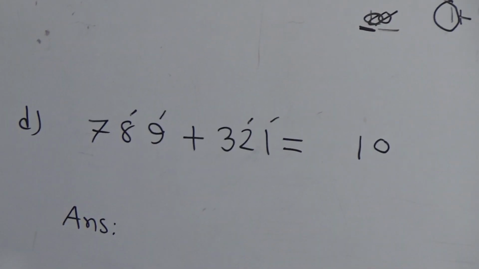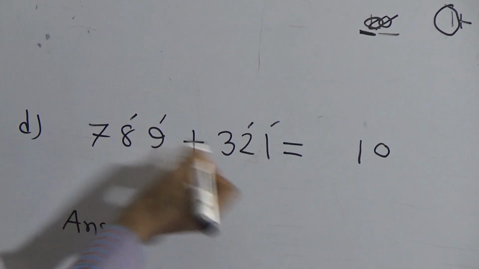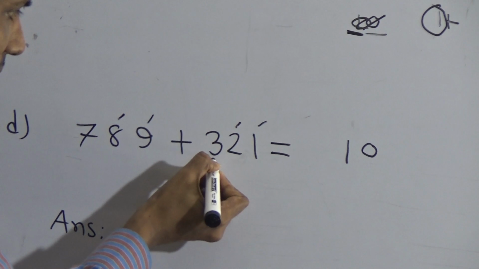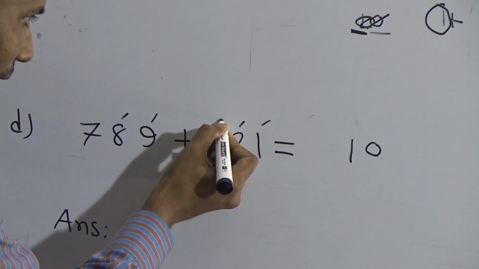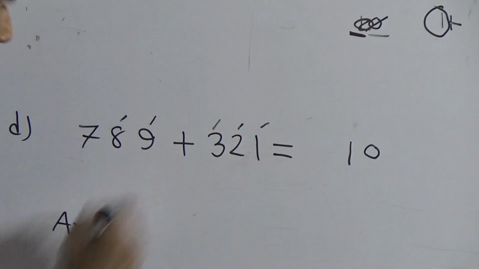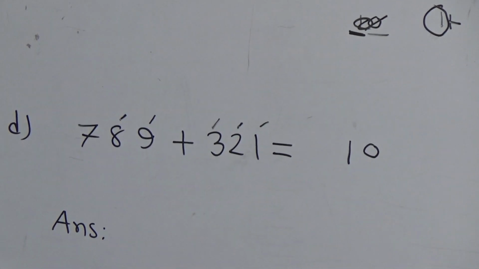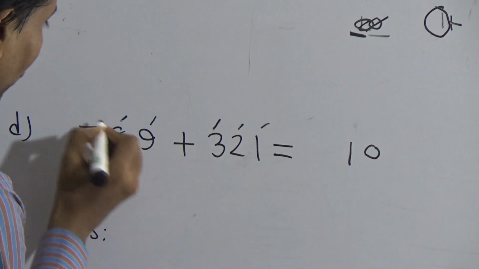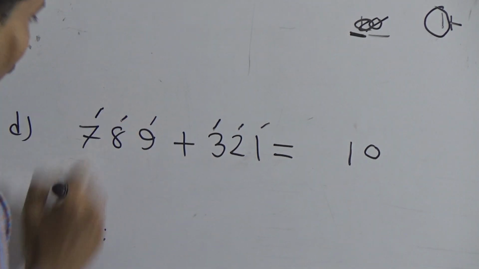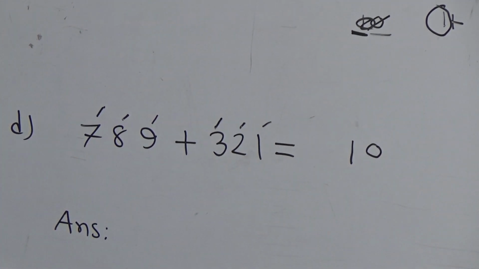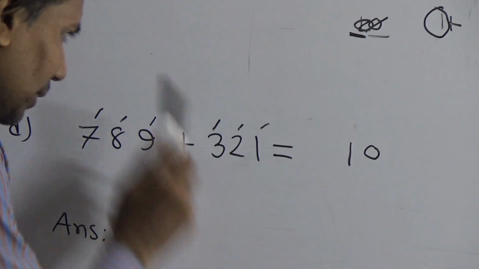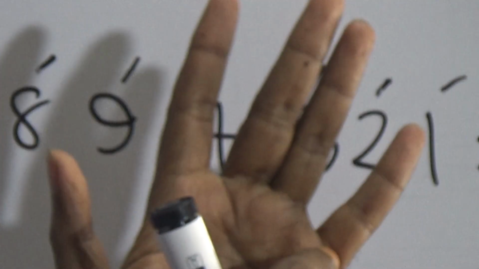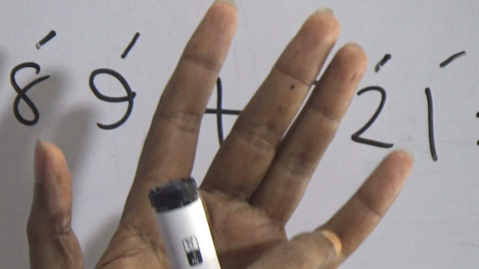Now you see, this is the ones, tens, hundreds. This is the hundreds place. Okay, dear student, this is also the hundreds place. Now 7 plus 3 equal to what? 7, 8, 9, 10.